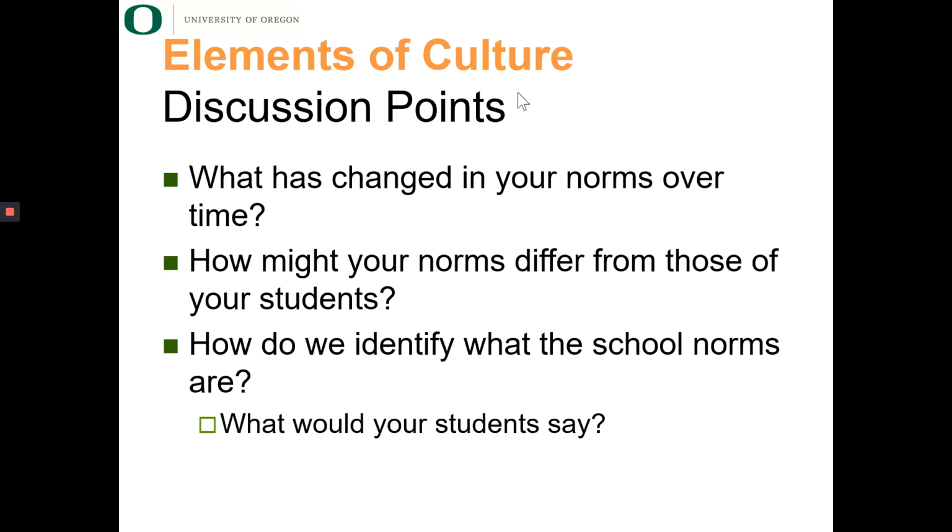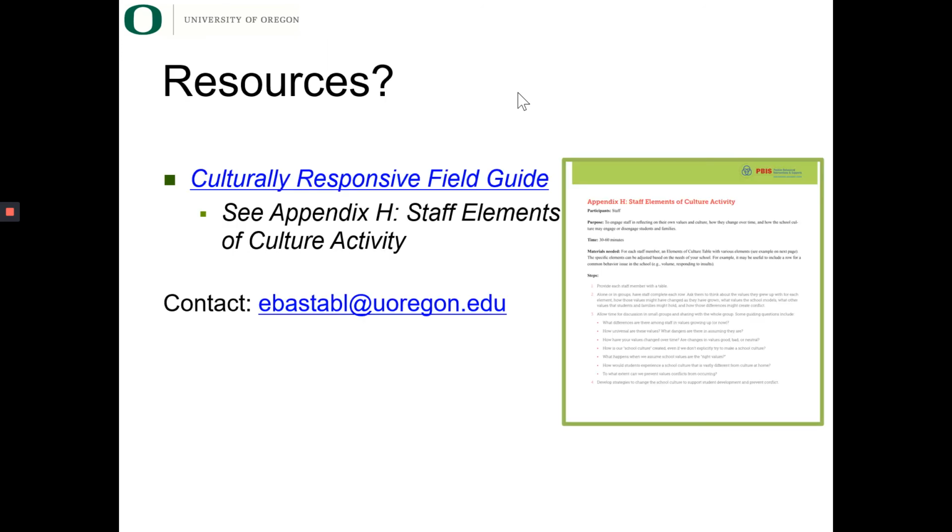So when we think about, again, defining our expectations, how would students define school-wide expectations if they were asked? And do they match up with what students' values and norms may be? That's a big discussion you can have, and it might help you think about how you're talking about your norms, or sorry, your school-wide expectations with your students.